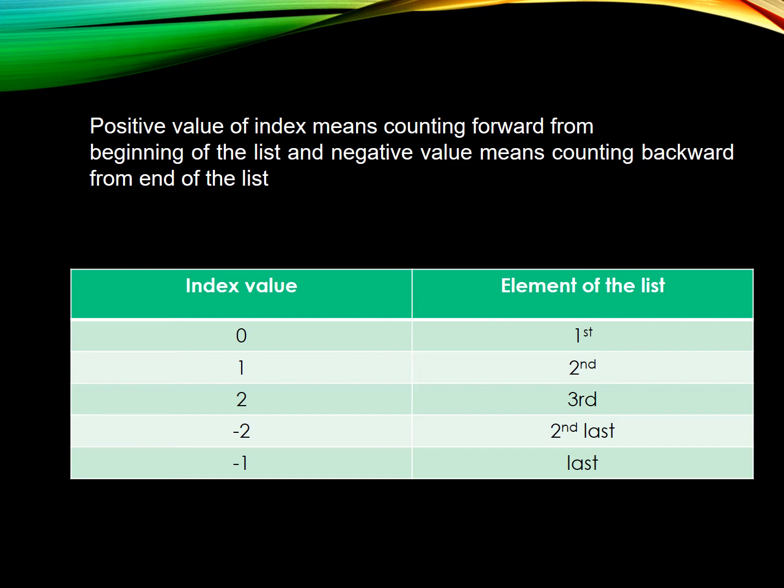So this way we can check which element is being referred to by its index value. Always remember, when positive index is there, then count the value by adding 1 to it. If the index value is 0, 0 plus 1 will refer to first element. So this way we can check the element in the list.